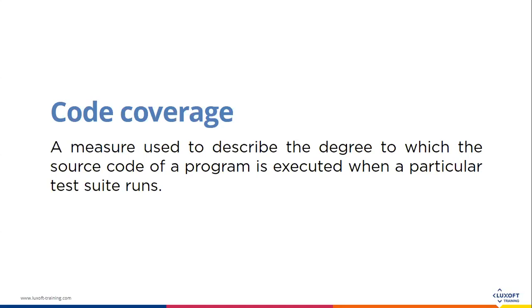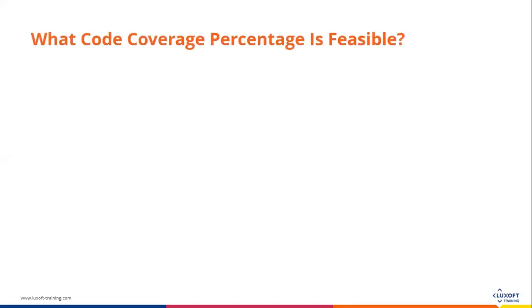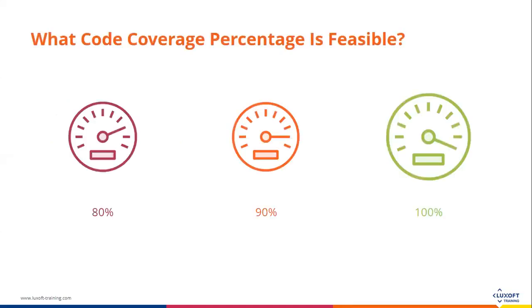What's the code coverage? It's a measure used to describe the degree to which the source code of a program is executed when a particular test suite runs. More exactly, you may ask ourselves, how much code coverage should we have?